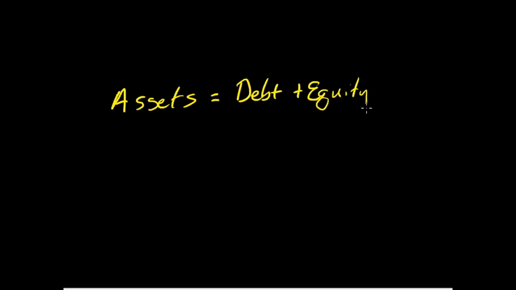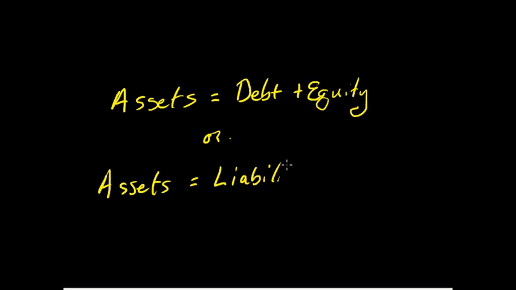So the balance sheet is assets is equal to debt plus equity. Or it can also be assets is equal to liabilities, means the same thing, plus equity.